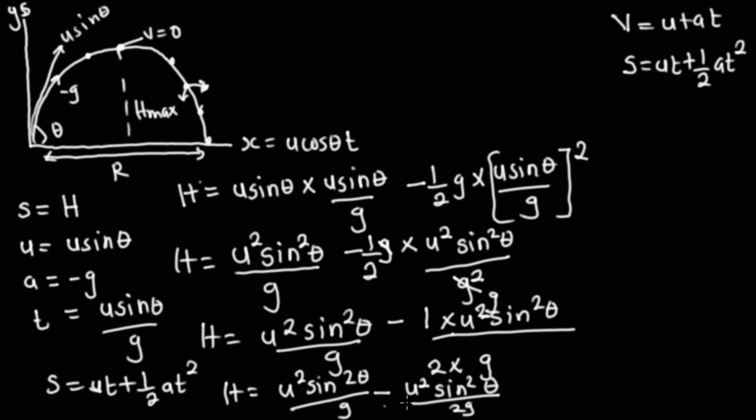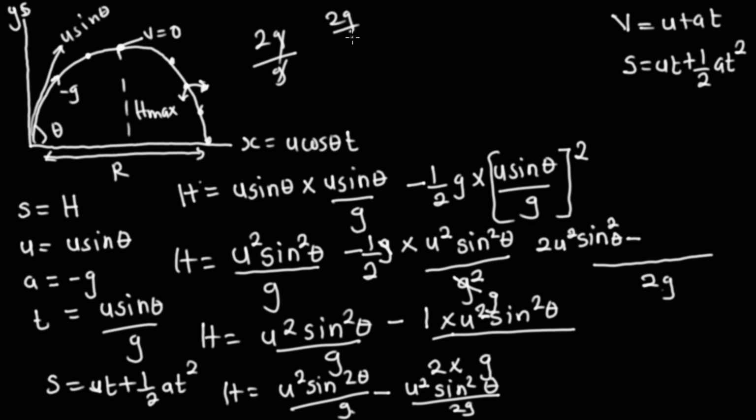Now we're going to take the LCM for g and 2g. 2g is the LCM. 2g dividing by g leaves 2, and we multiply the 2 by the numerator, giving 2u squared sine squared theta, minus, 2g divided by 2g is 1, so we multiply the 1 by the numerator, giving u squared sine squared theta.